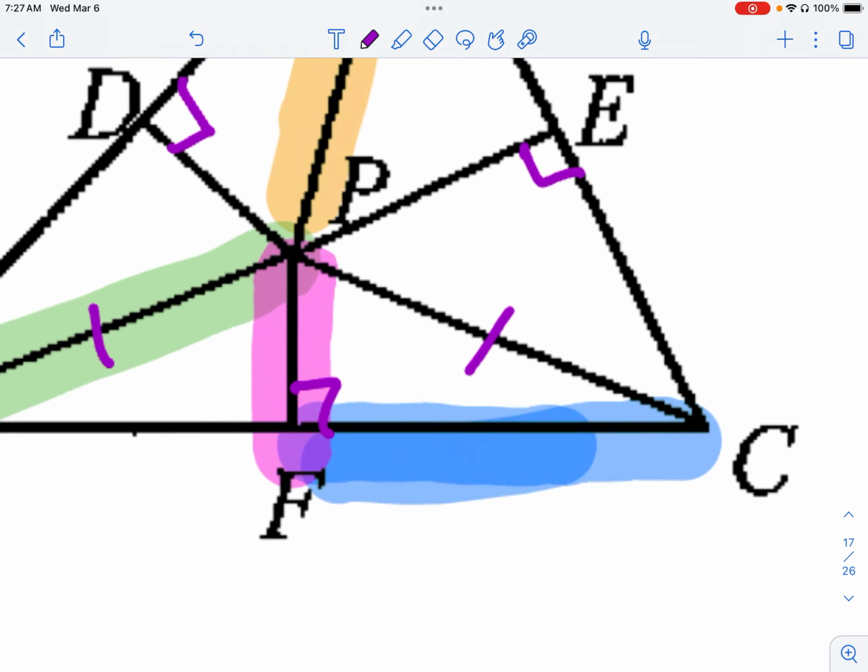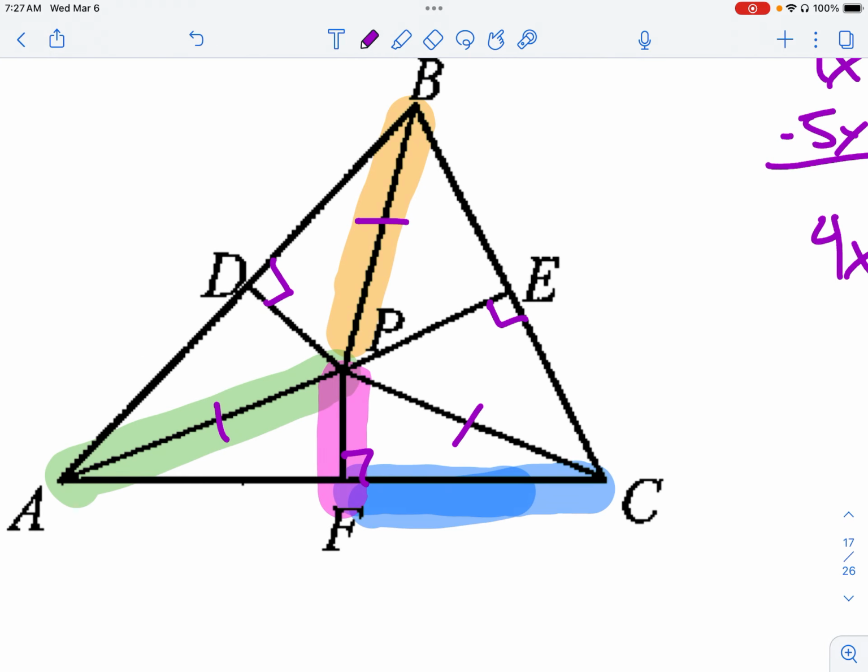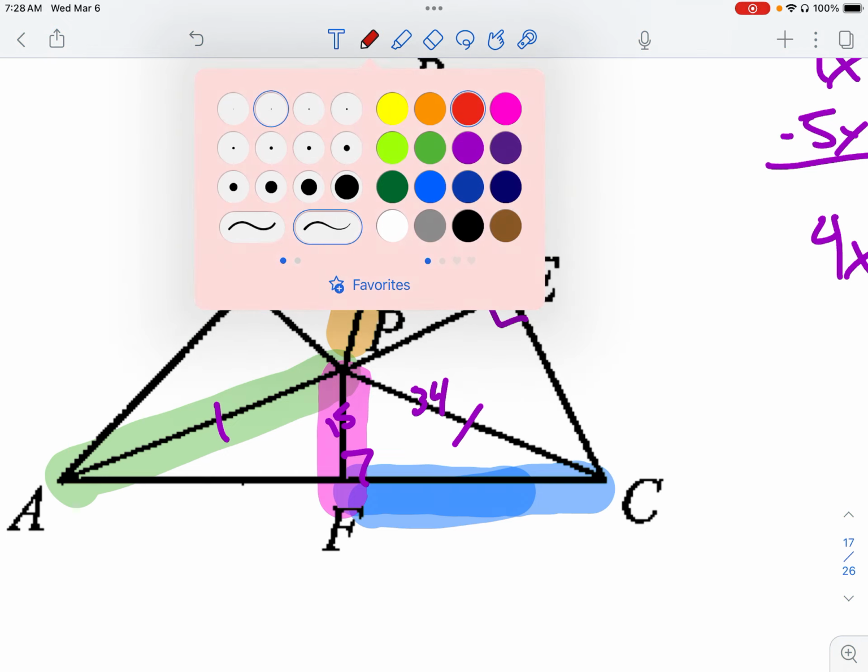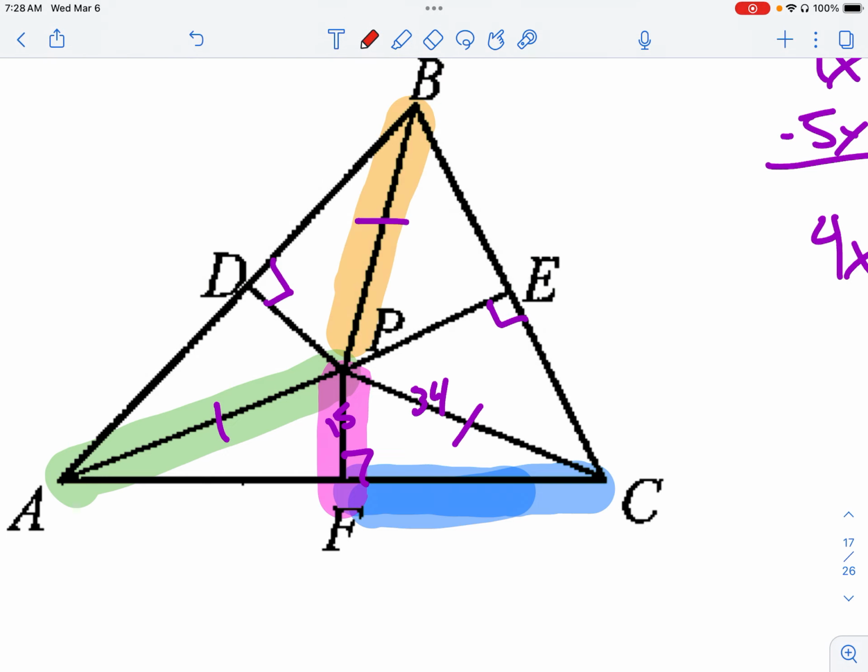So here we got 15. Here we got 34. We want to find FC. We've got two sides of a right triangle. We can use the Pythagorean theorem, but we have to identify the hypotenuse.